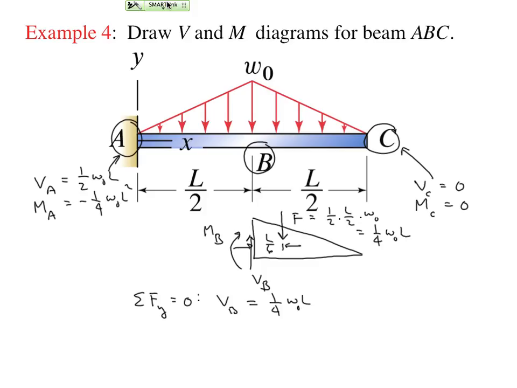And we can choose to take moments about B, in which case we get minus F times its moment arm, which is L over 6, minus MB is 0, or the bending moment at B is minus 1/24 W0L squared.